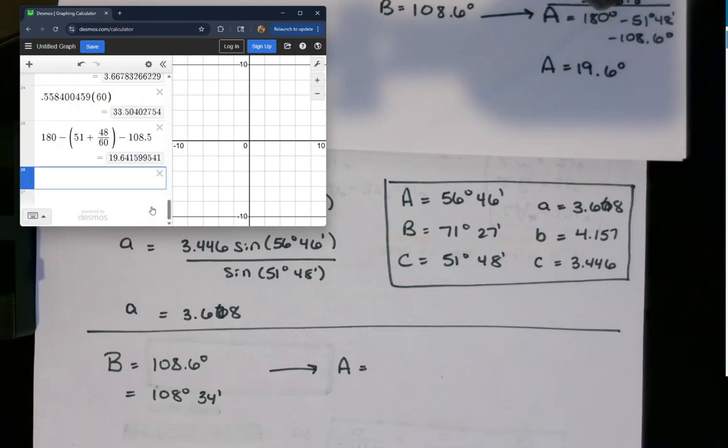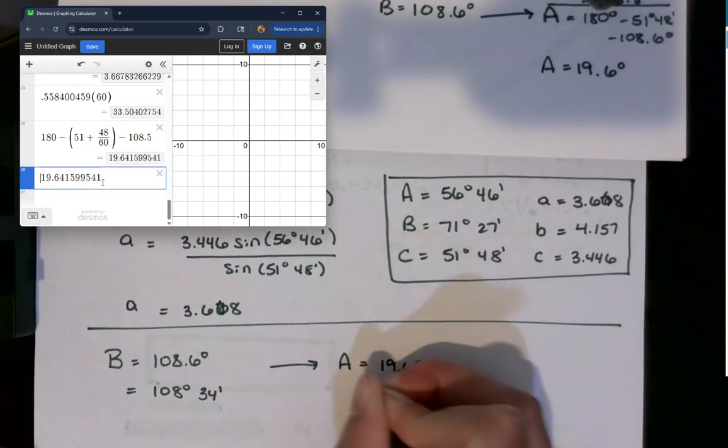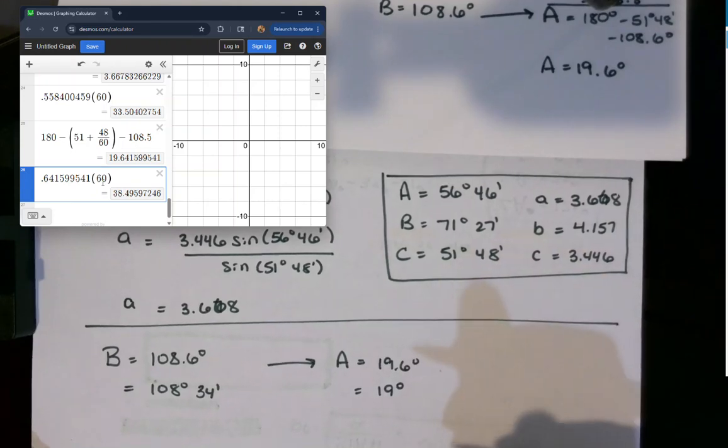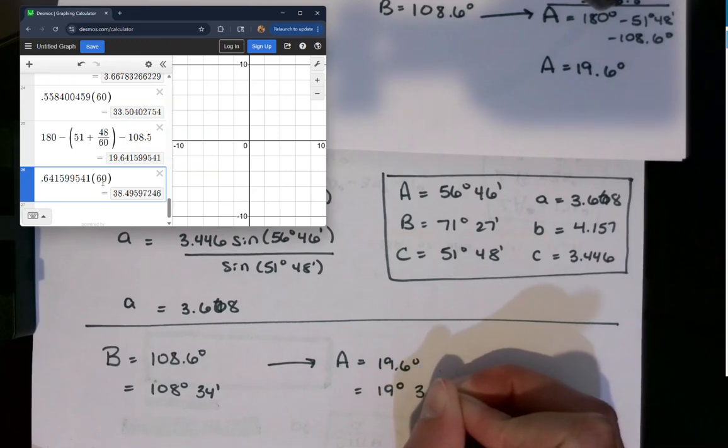So our A, we said it was 19.6, and that 19.6 degrees is 19 degrees with approximately 38, so 38 minutes.